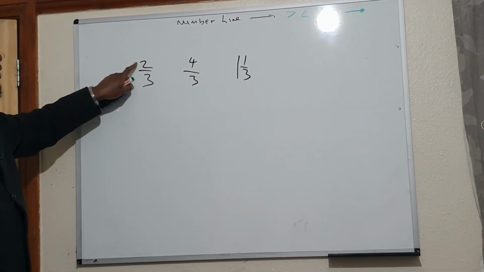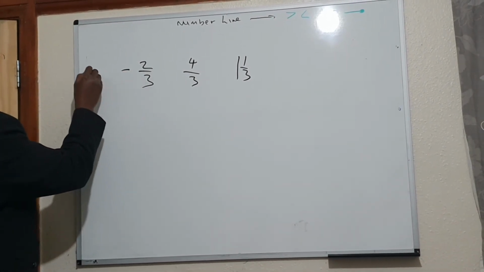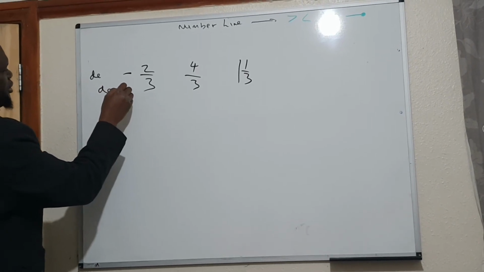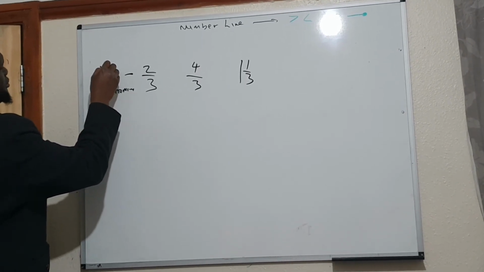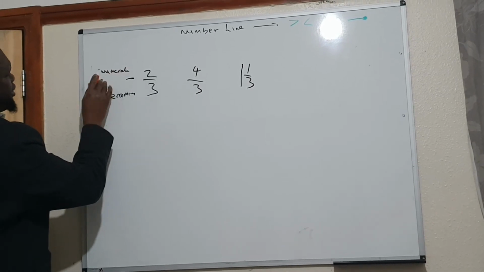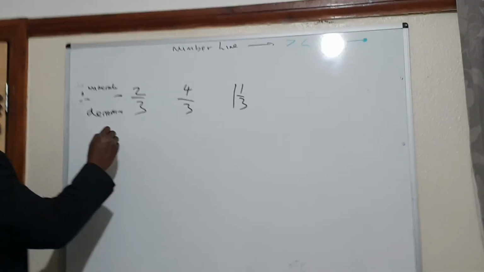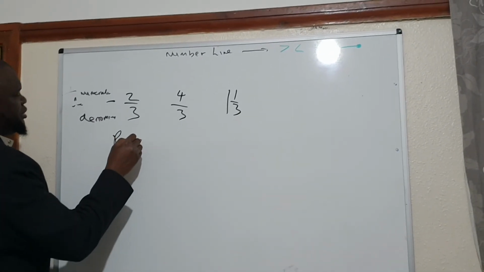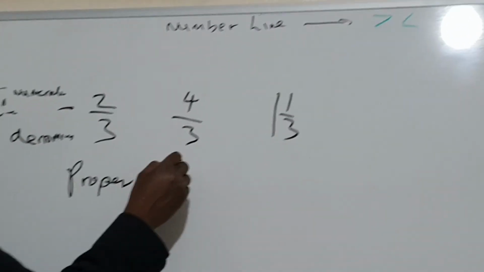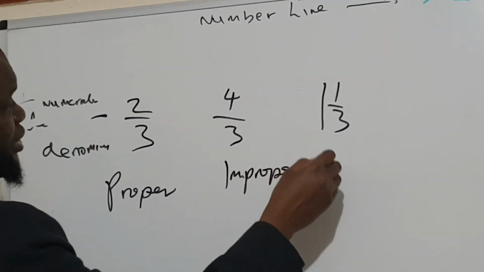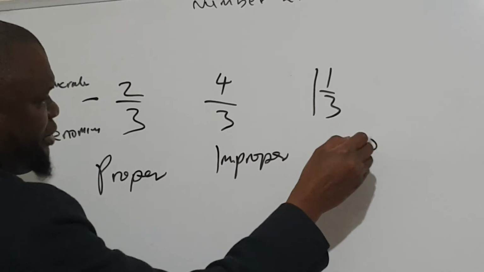Normal, meaning the denominator is bigger than the numerator. If the numerator is less than the denominator, it's a proper fraction. The opposite is improper, the wrong way around. And the one with a whole number is called a mixed fraction.